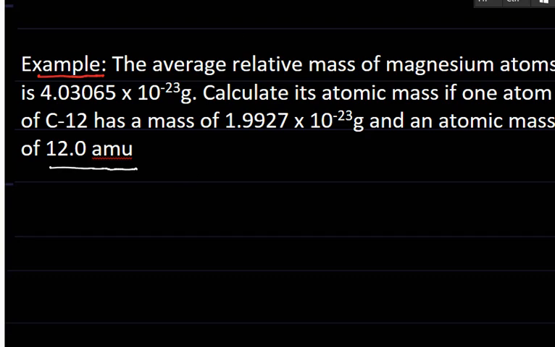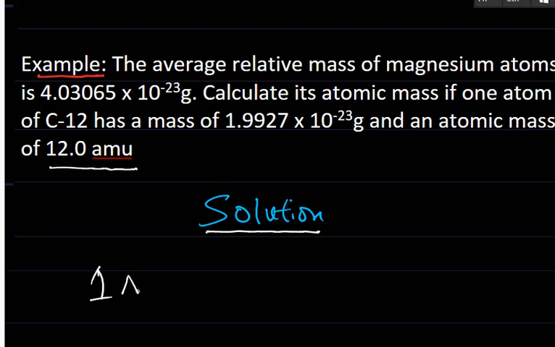Now this is very simple. I'm going to use the comparison that I showed you. We are being asked to find the atomic mass of magnesium, so invariably we are looking for the atomic mass unit of magnesium.